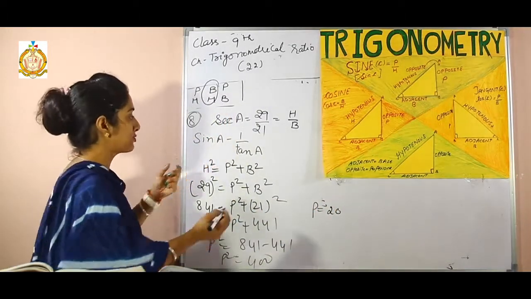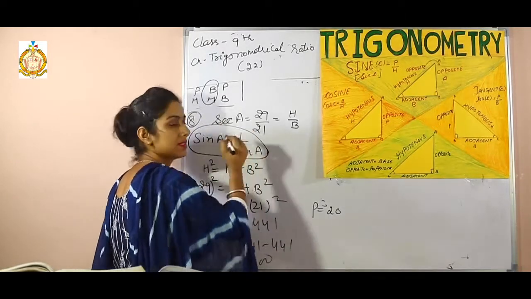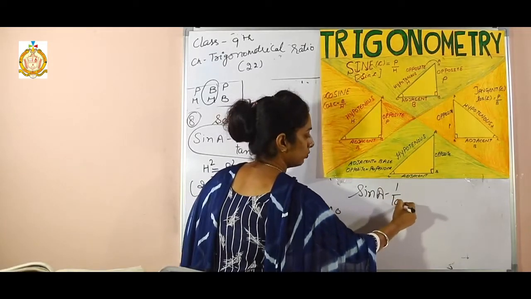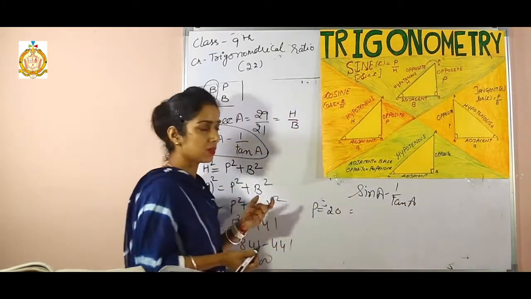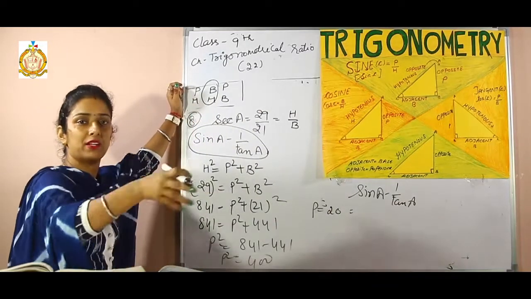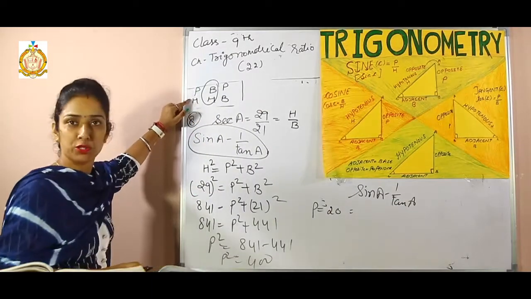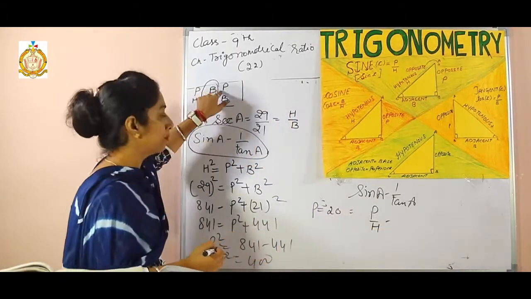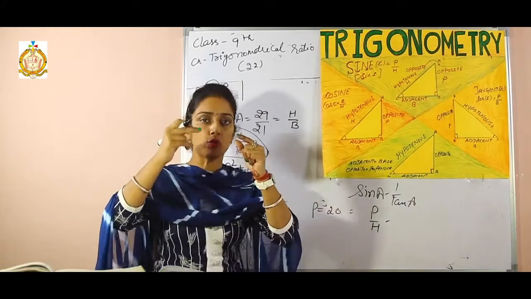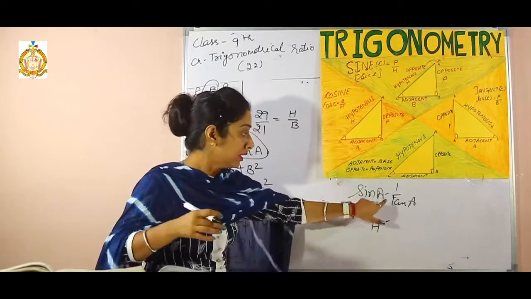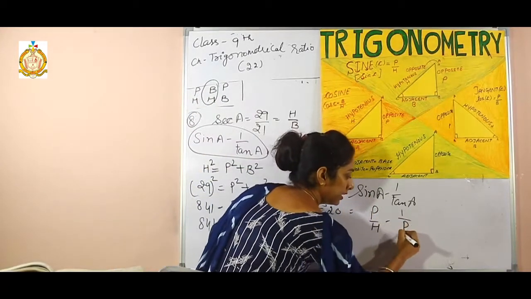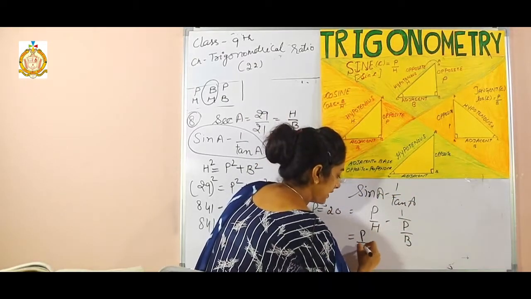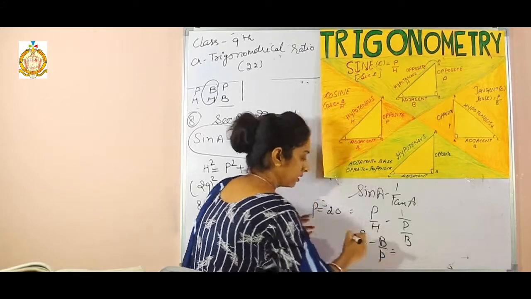Right? Now what do we have to find? We have to find sin A minus 1 over tan A. Now sin A is equal to, again the same formula, that is P over H, minus 1 over tan A, which is 1 over P over B. This goes upward as a reciprocal. So P over H minus B over P, right?